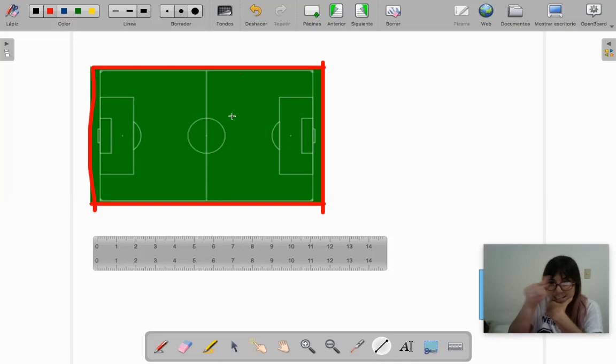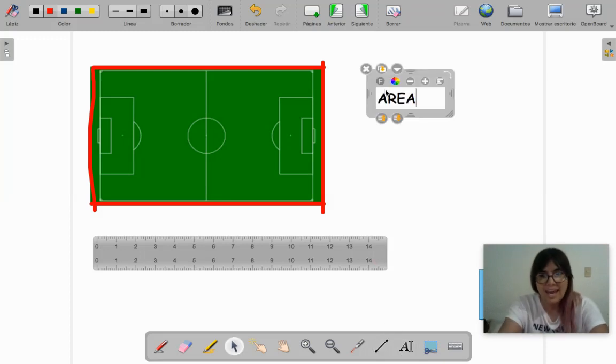But if you see the lines there, it's only the outside. We are not really measuring inside. If you need to buy grass for a soccer field and you just measure the outside, they will just give you very little grass for the outside and the inside. So that's what we are learning today. And that's called the area.